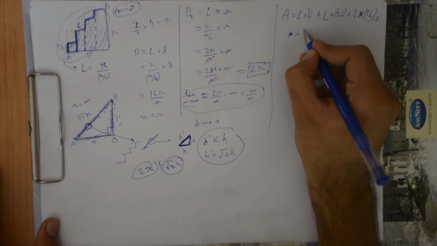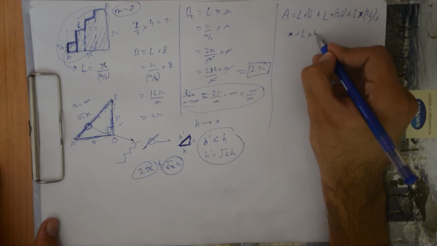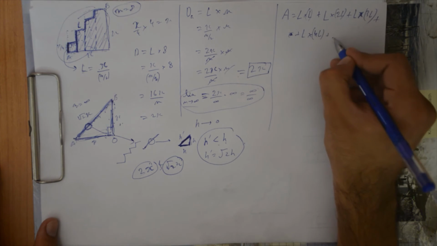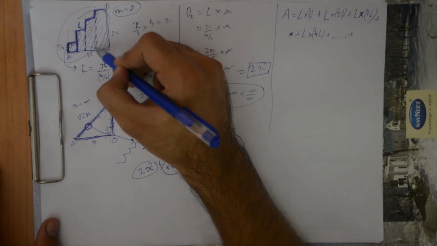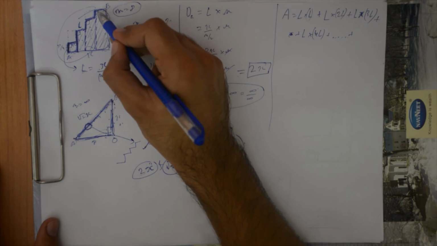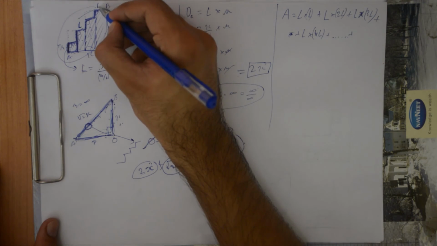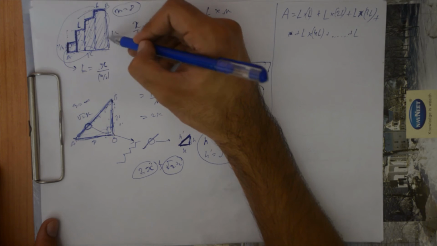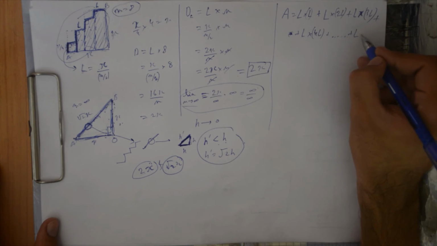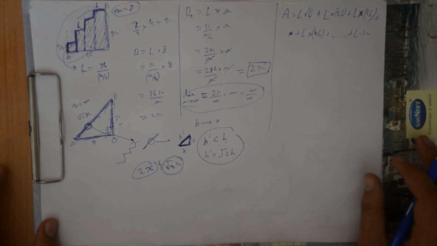The next would be plus L into 4L, and it will continue till the last rectangle, whose area would be this particular distance L multiplied by its length, which is x. So let's multiply this L with x.